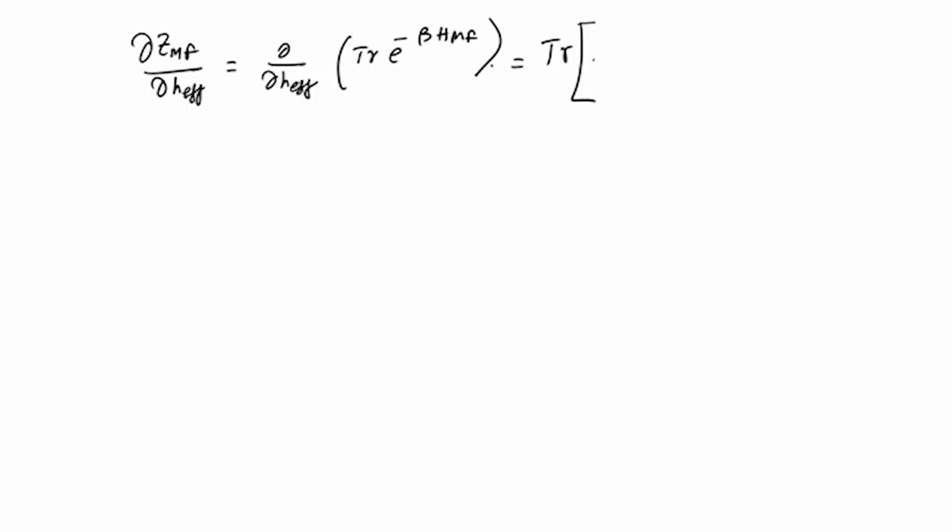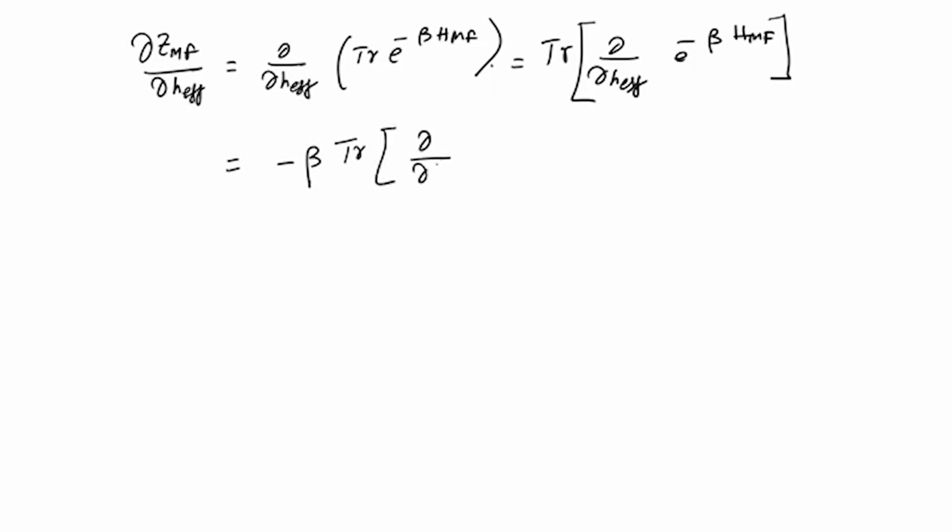So, this is trace of del H effective of exponential minus beta HMF, and this is nothing but minus beta trace of del H effective of HMF and exponential minus beta HMF.